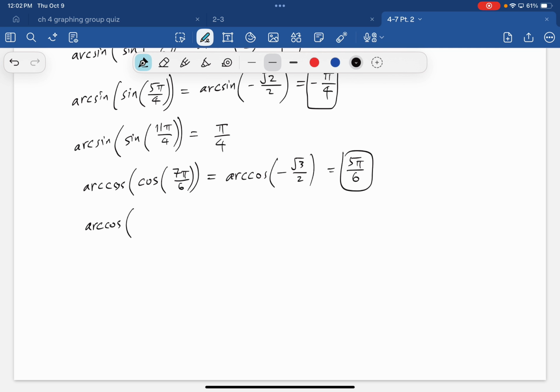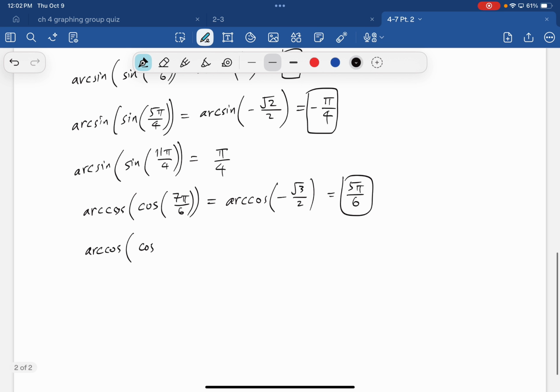Question? For the one above it, arc sine 5 pi over 4, instead of negative pi over 4, why can't you write 7 pi over 4? Because that's outside the range of arc sine. Arc sine is minus pi over 2 to pi over 2. So even though 7 pi over 4 is in quadrant 4, it's not within the range because it's greater than pi over 2.